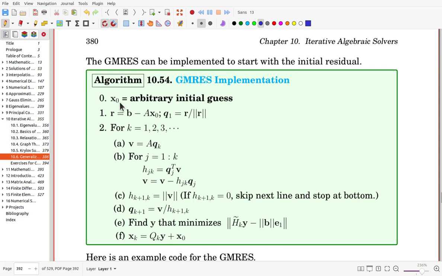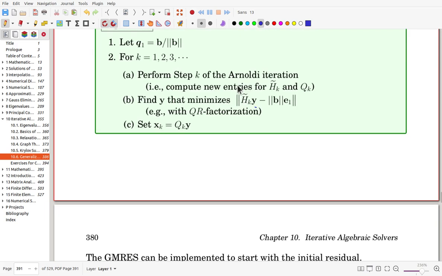If x0 is 0, then r must be B. That means that Q1 is B over the norm of B. That is exactly the mathematics we did earlier.